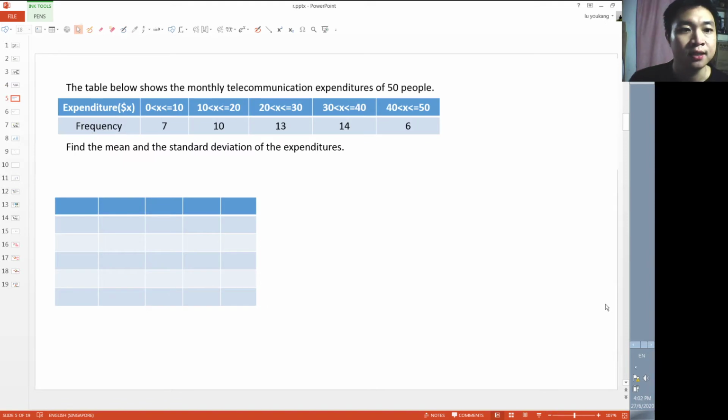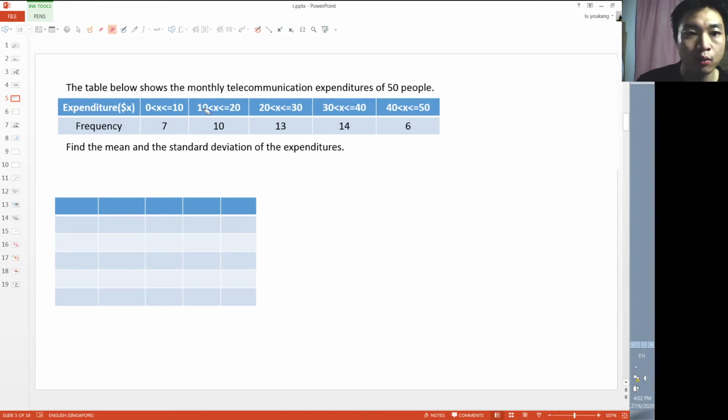Over here I already have a question. The table below shows the monthly telecommunication expenditures of 50 people. The expenditure is represented by the letter X, and you will see a few ranges here: 0 to 10, 10 to 20, 20 to 30, 30 to 40, and 40 to 50.